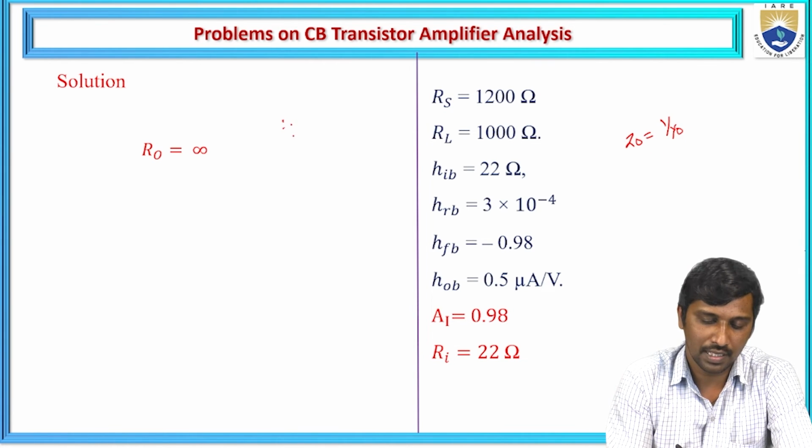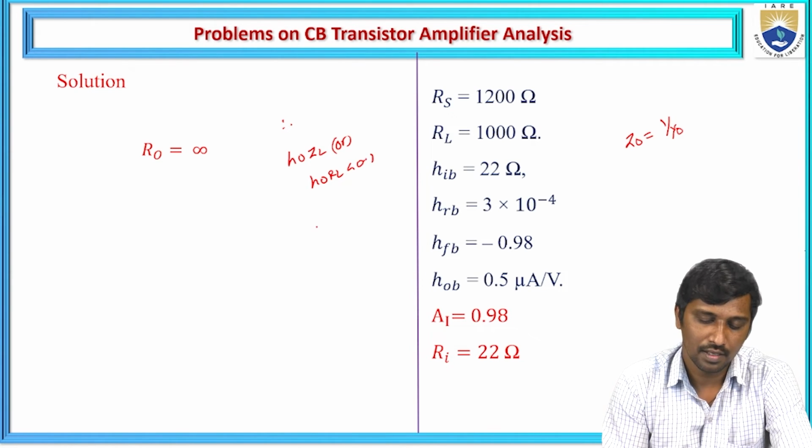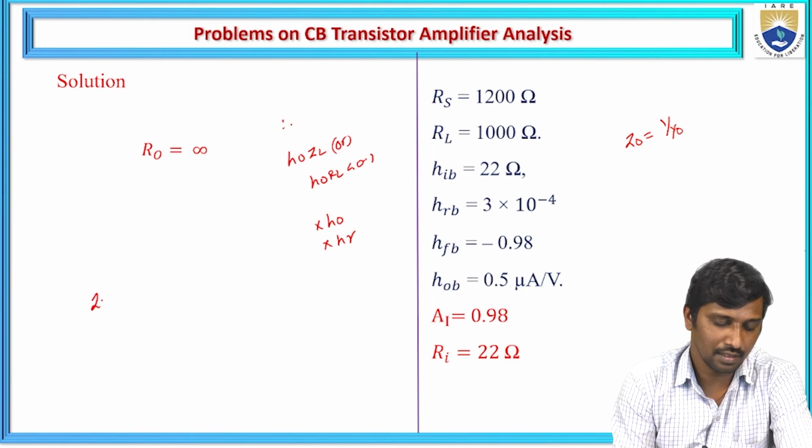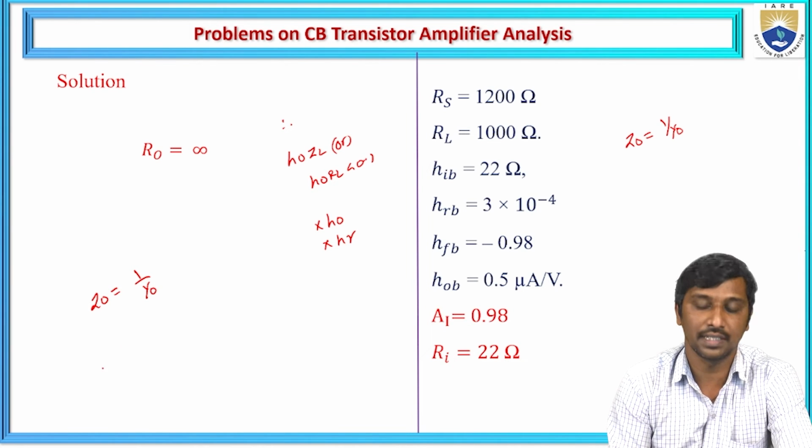So in approximate analysis, we take H4 times ZL, or H4 times RL, to be less than 0.1. Then we neglected the output admittance and we neglected the reverse voltage gain. In general, we know that the output impedance is the reciprocal of output admittance.